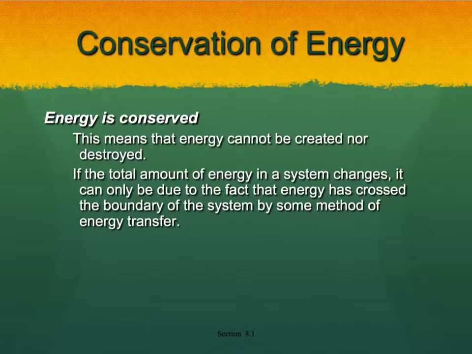So it's either leaving the system, or we have the environment acting on the system, and we have energy entering into the system. So we have some type of energy transfer if the total amount of energy is changed. This has been tested thousands upon thousands of times through numerous experiments, and no one has been able to prove this to be incorrect yet. So we believe that energy will be conserved.